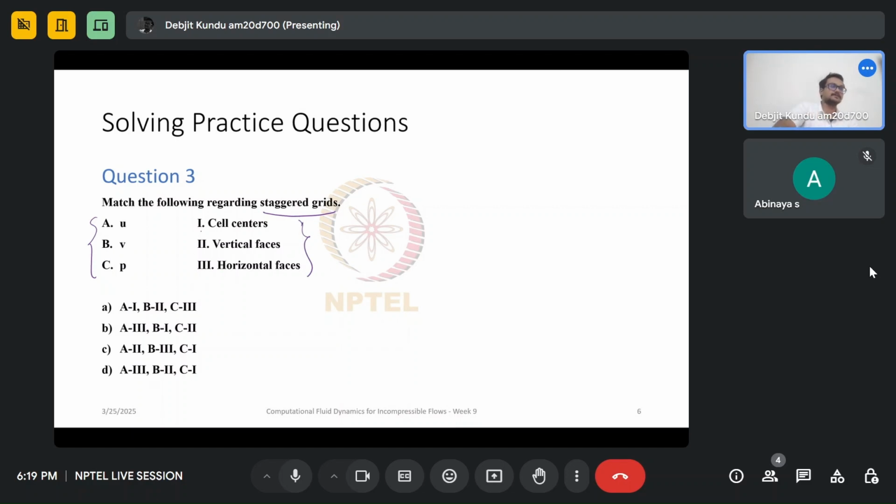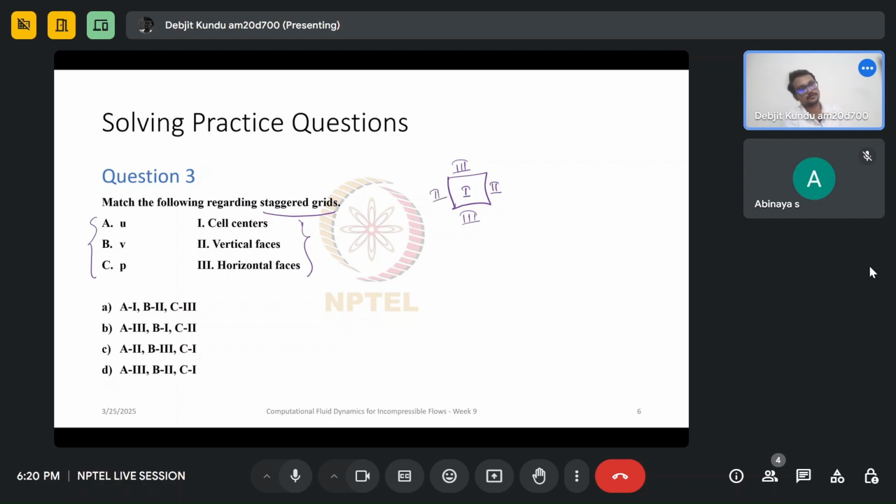So which are the cell centers, vertical faces, and horizontal faces. So if a cell is like this, this is the cell center 1. The vertical face, what I mean by a vertical face is this one, 2, and a horizontal face is this one, 3. These are both 3, by the way, the top and bottom one.